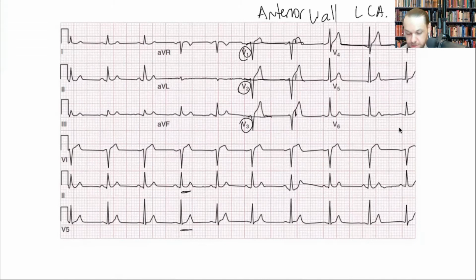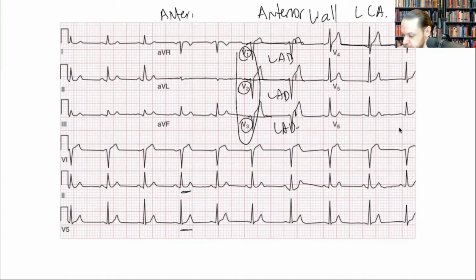So truly speaking, this 52-year-old male has elevations in V1, V2, V3, as we see here. This is the LAD, the left anterior descending, and you could say it's an anterior septal MI. When they took this patient to the cath lab, they found he had 100% occlusion in his distal LAD.